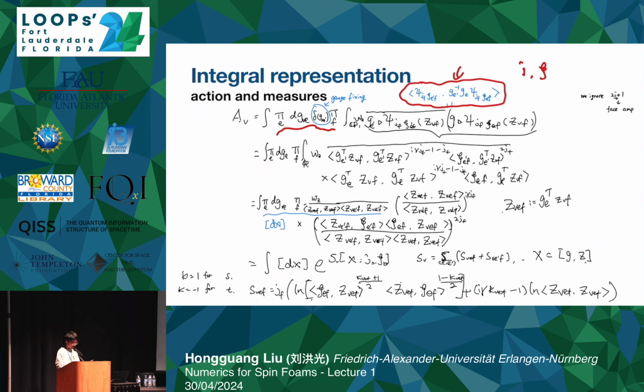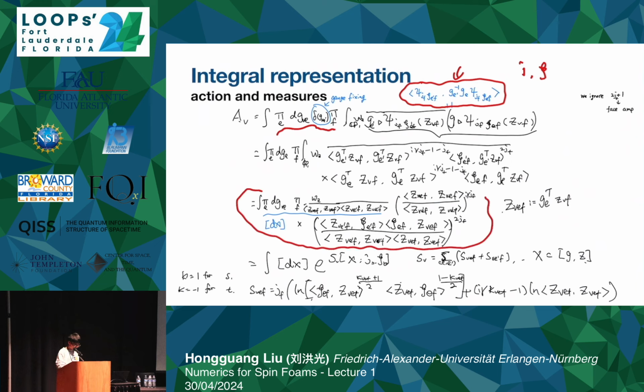You can follow all the steps if you insert the detailed form of this process and how the SL2C group element acts on these states. Finally, you get a compact formulation, which is this one.